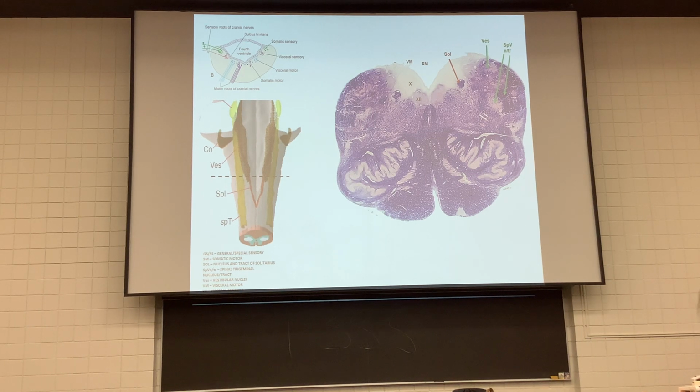And along the way, spinal 5 is a little more complicated, but for our purposes, those axons then leave and synapse on neurons in the spinal nucleus of 5. So the spinal nucleus is the second order neurons. And at the end of the block, we'll talk about where they go. Questions?